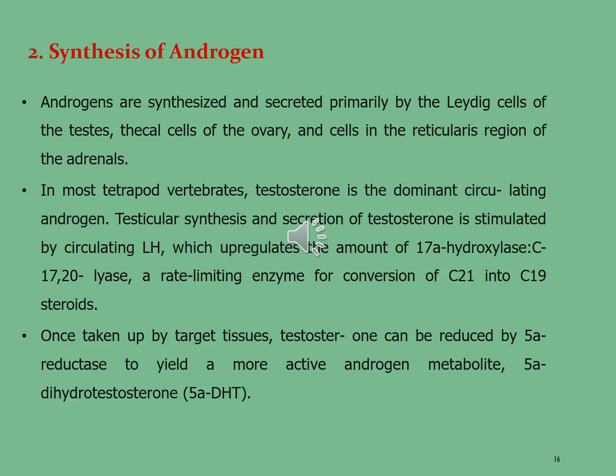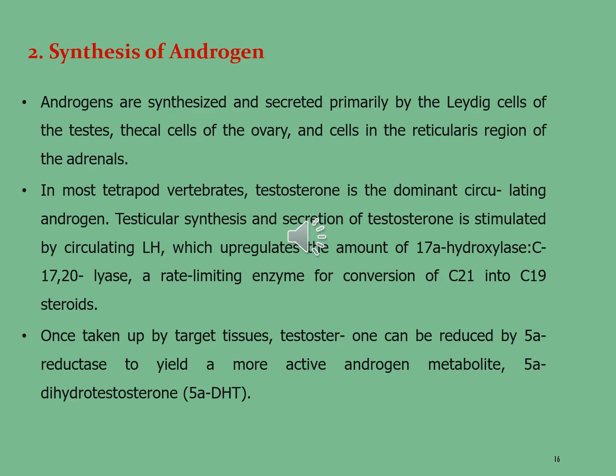Testicular synthesis and secretion of testosterone is stimulated by circulating LH, which upregulates the amount of 17-alpha hydroxylase, that is the carbon 17-20 lyase enzyme, a rate limiting enzyme for conversion of carbon 21 into carbon 19 steroids.